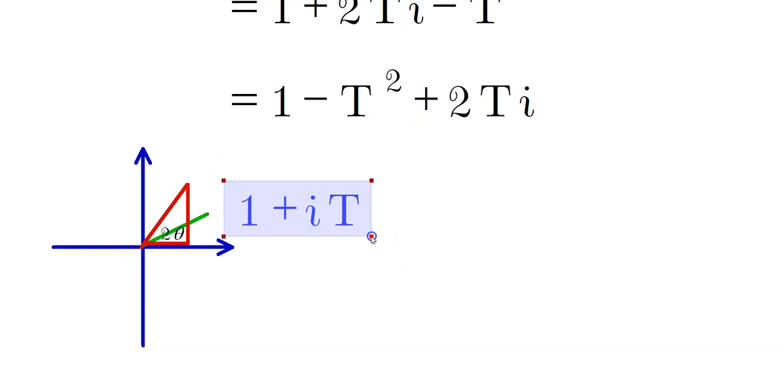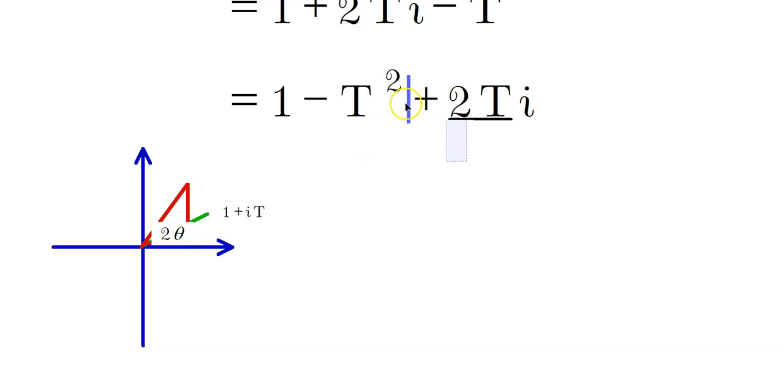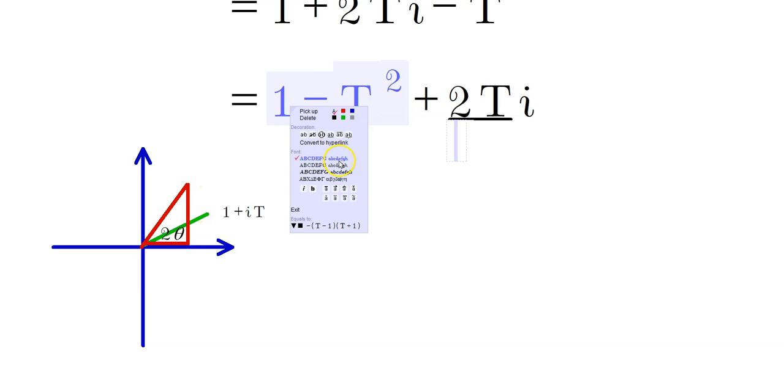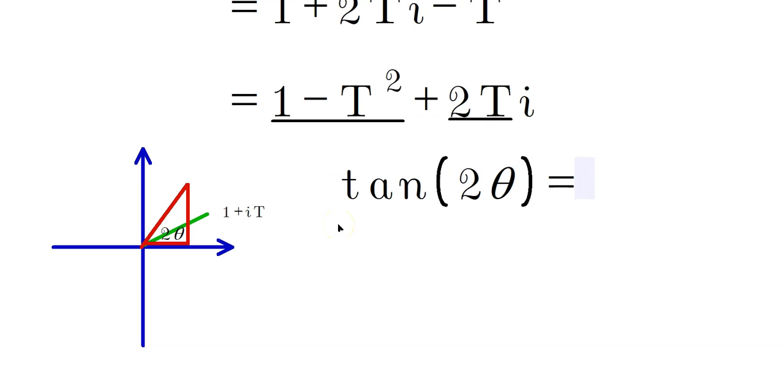For the new one, whatever this part is right here, let me underline it like this, that represents the vertical leg, and whatever this part is right here, let me underline that now, that represents the horizontal leg, doesn't it? Which means, in other words, that the tangent of double the angle is just the vertical divided by the horizontal as usual. It's going to be 2t divided by 1 minus t squared.